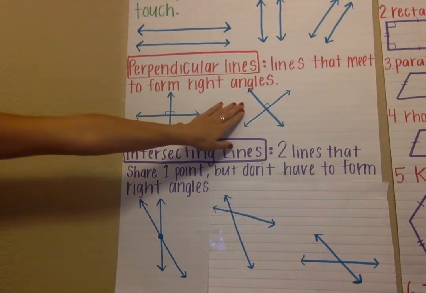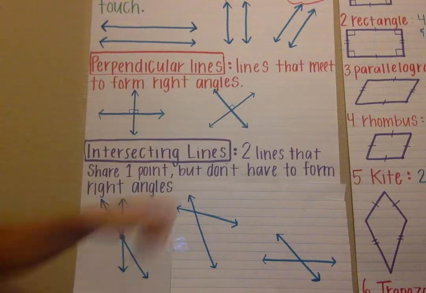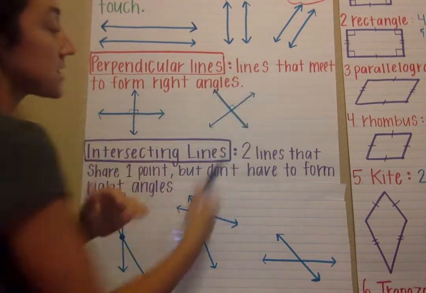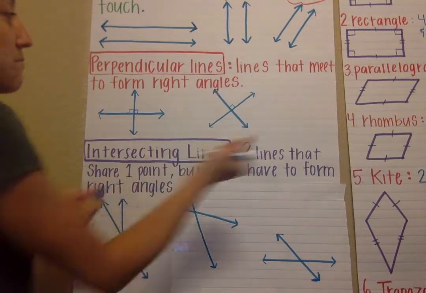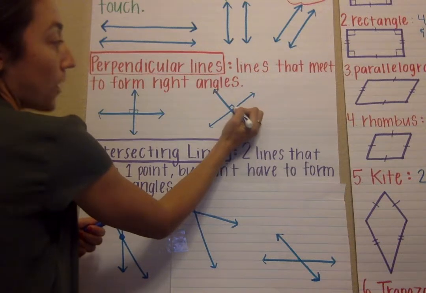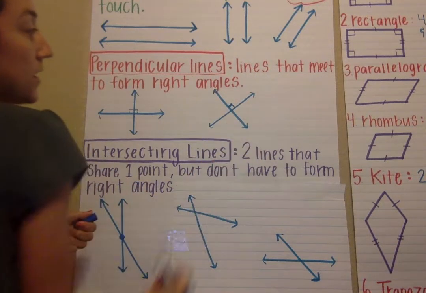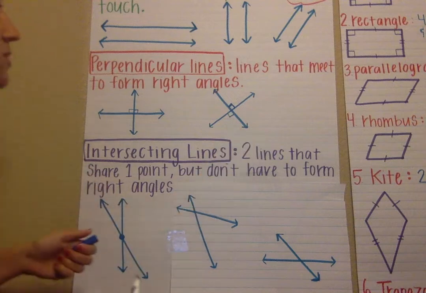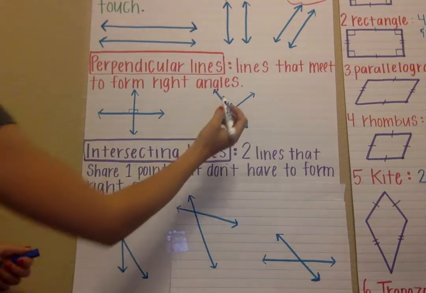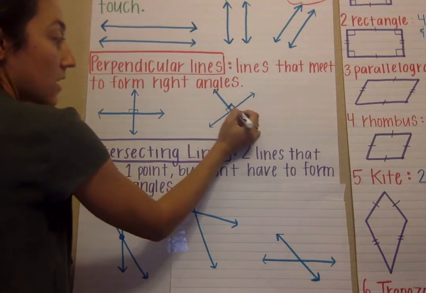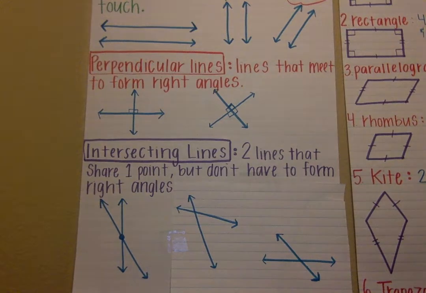The other way that it might look is like this. It will make a perfect X. That perfect X makes L's, or right angles. So all of these, no matter which way you tilt your head, they're all going to make right angles.